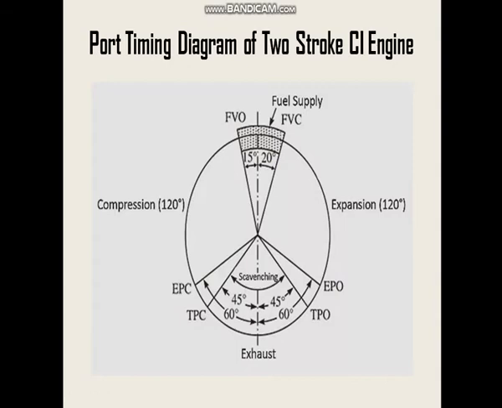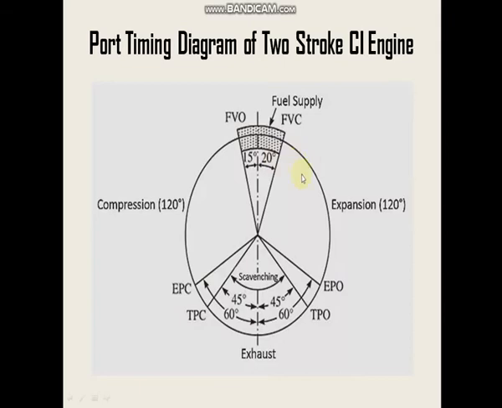When the piston is moving from the top dead center towards the bottom dead center, the downward stroke starts, and during this process the fuel valve, that is the injection, ends about 20 degrees after TDC.